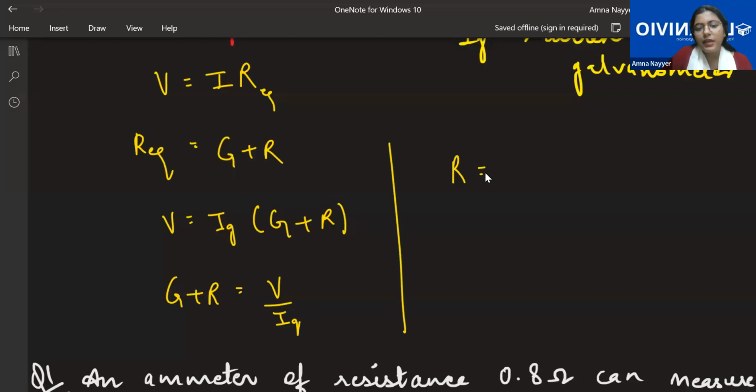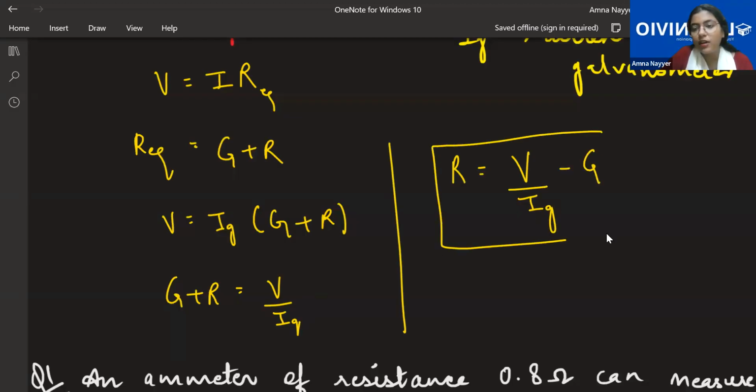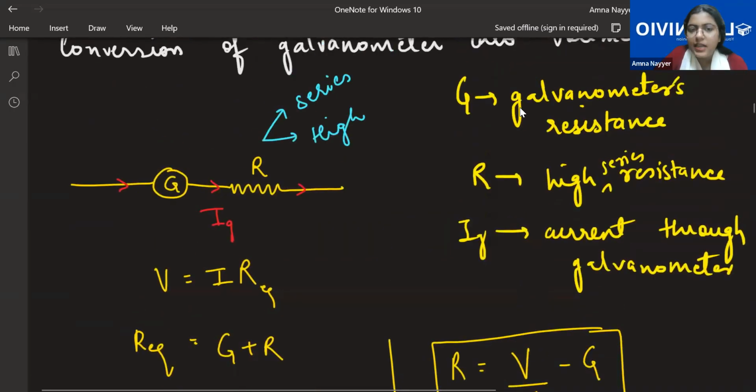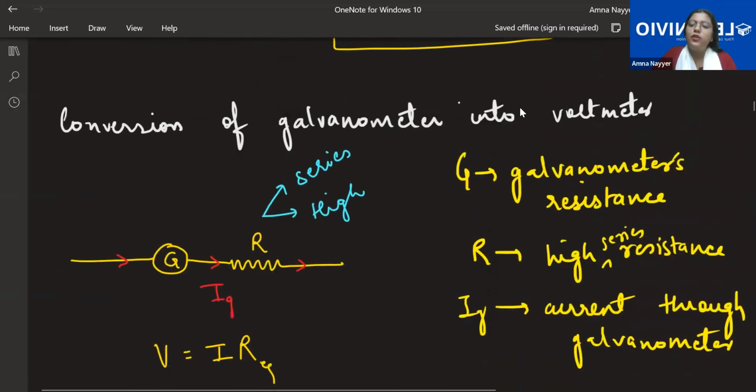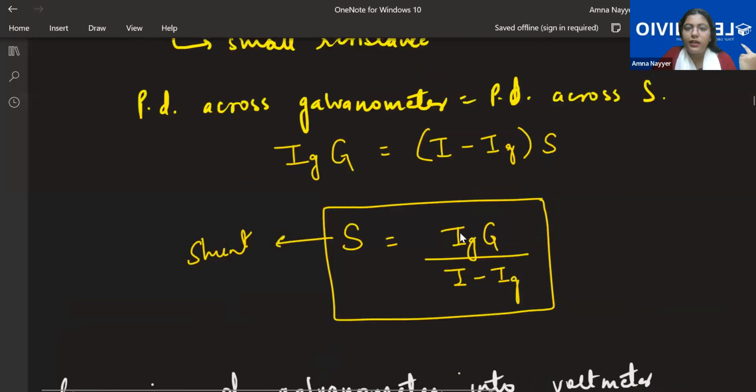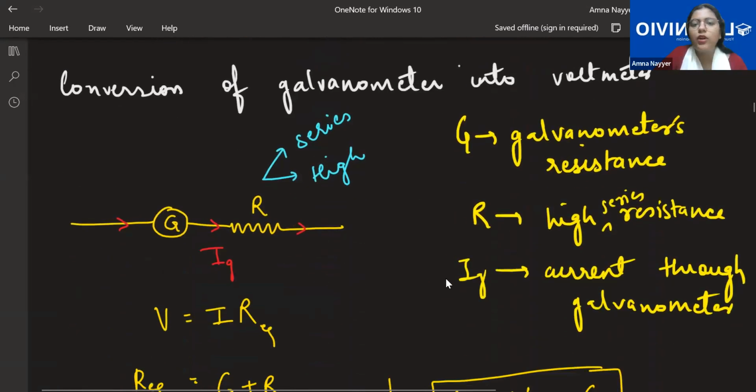So what will R be equal to? This is an addition here, so here it will be subtracted. So V by Ig minus G is the formula for the resistance here. Whichever variable is missing, you will calculate. So using just a galvanometer, you will be able to get the voltage as well from the formula. V can be calculated. From here, current I can be calculated. Okay, so that's what we have.